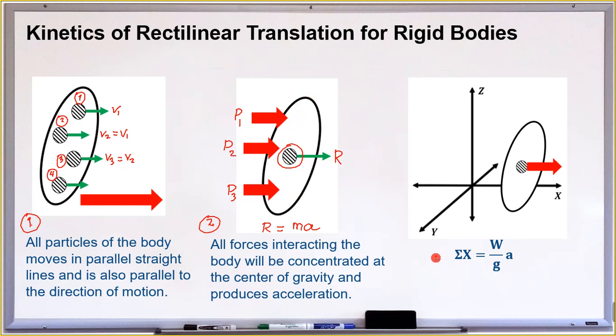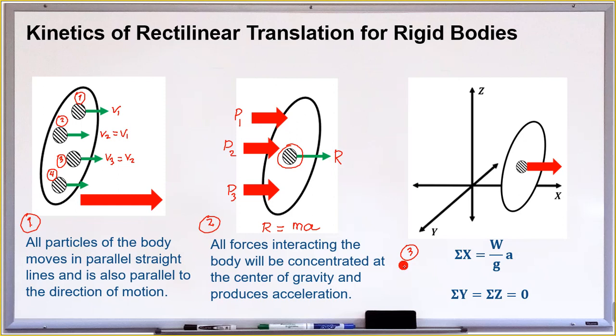The third thing is that when we are going to solve problems on a system of rigid bodies, we will take into consideration the summation of forces, because here we're not talking only about the kinematics of the rigid bodies but also the kinetics. Remember, in our previous lesson, I discussed the difference between kinetics and kinematics.